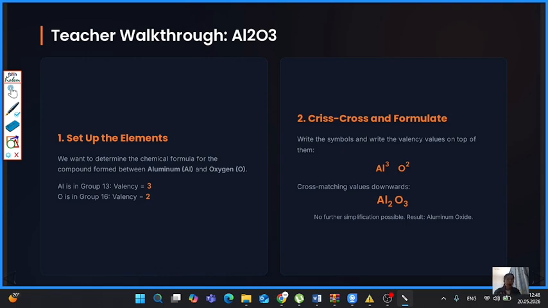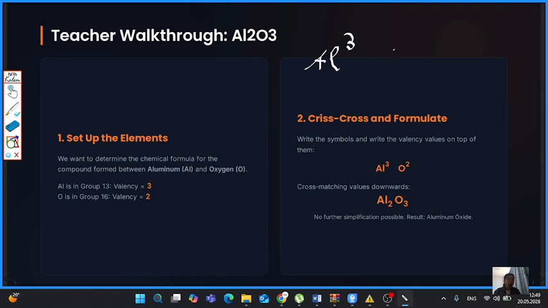We know that aluminium is in group 13, and its valency is 3.